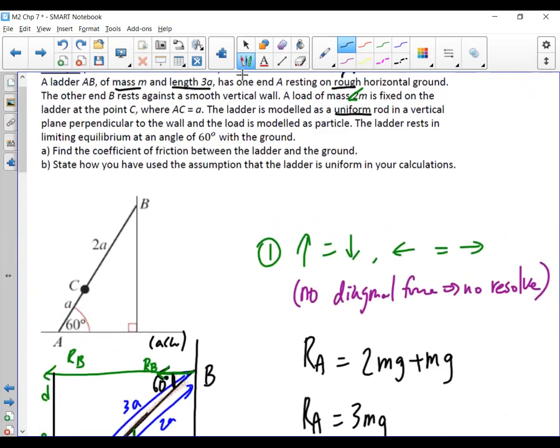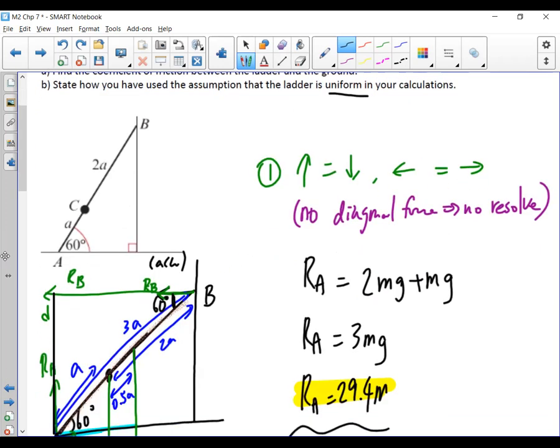Part B, state how you have used the assumption that the ladder is uniform in the calculation. So maybe you can tell me what's uniform. Uniform is that the weight of the ladder is right in the middle.